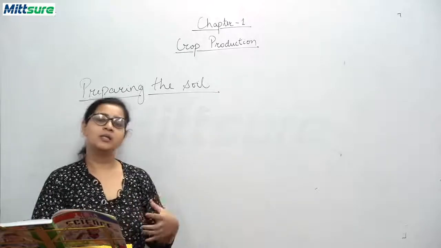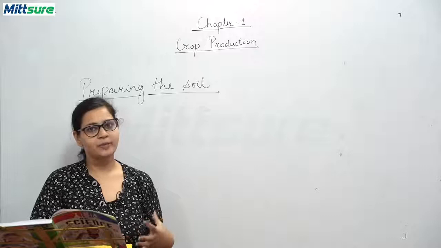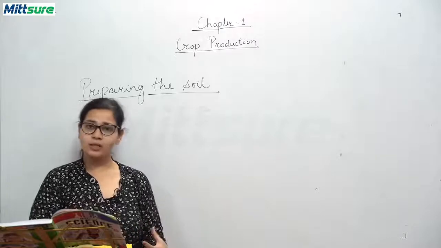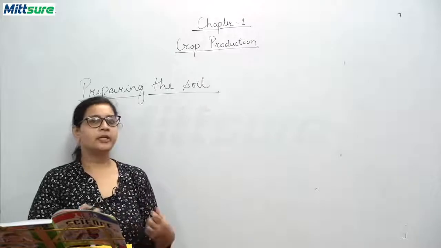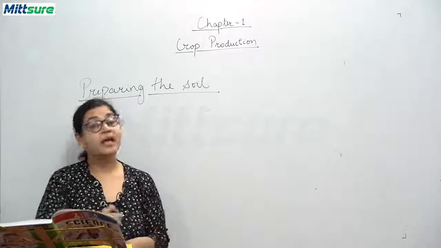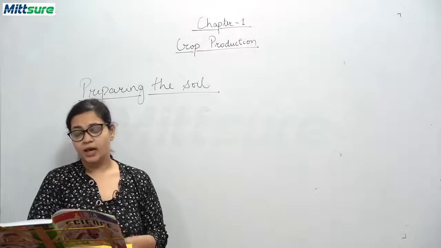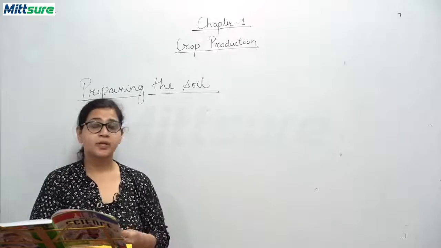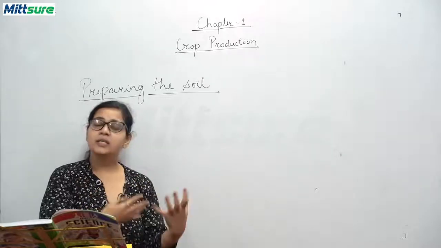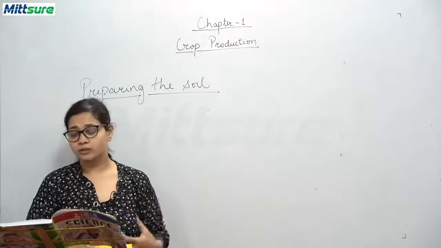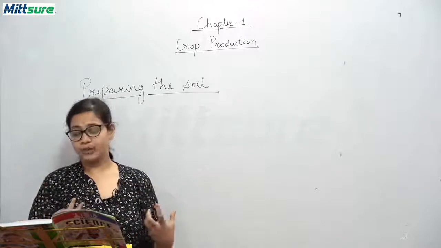You know, plants need a medium to grow, and this medium is soil. So this soil is a mixture. It has sand in it, it has clay in it, it has decayed leaves in it, and various amounts of moisture may be there, or air may be there, bacteria are there, earthworms are there. So all this combines to make soil.